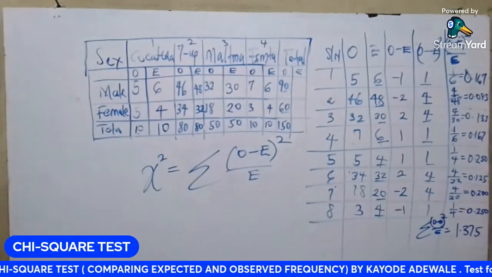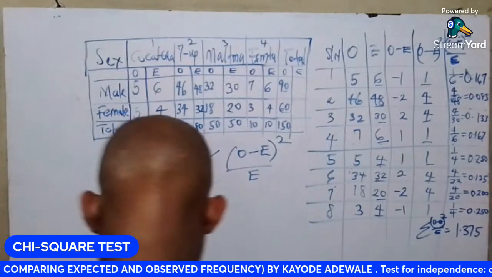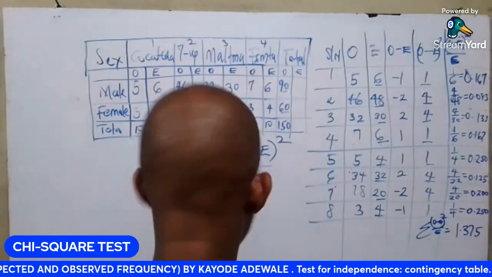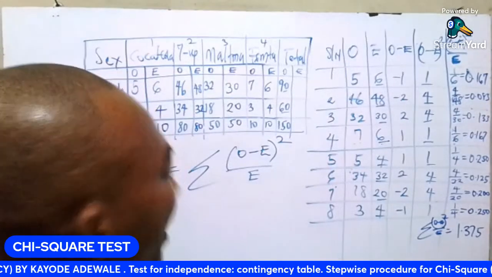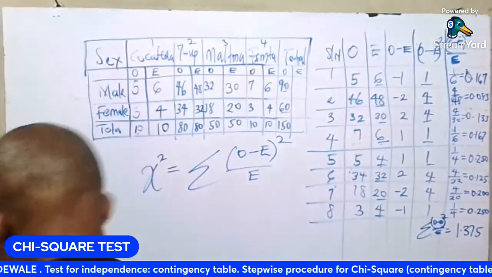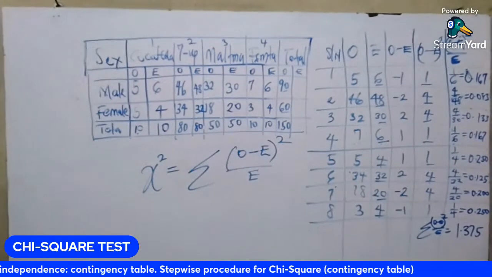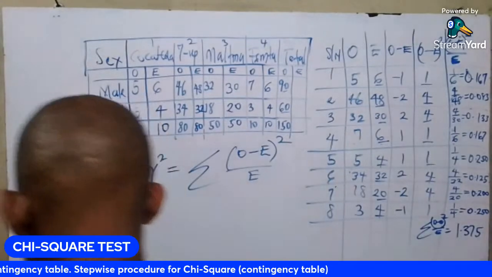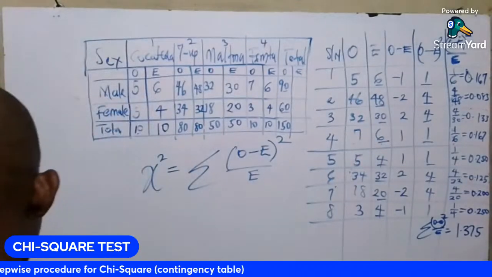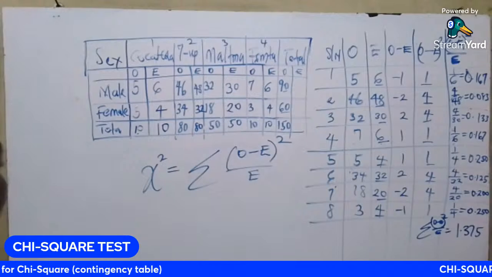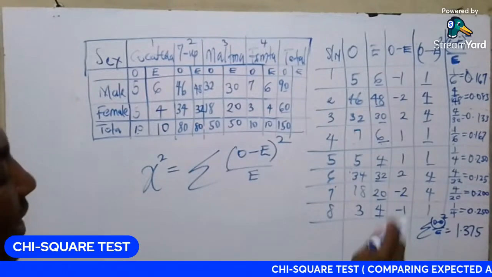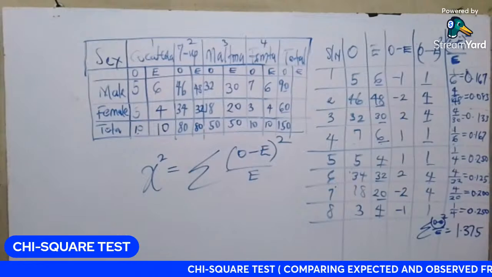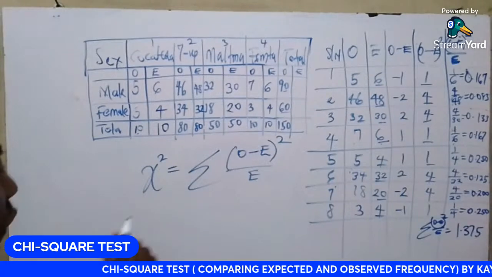All right. Like I always tell you, it is very easy. What you just need to do is, at this point now, we have got our calculated value. So that means our calculated value is just 1.37. And don't forget, you need to get your degree of freedom.